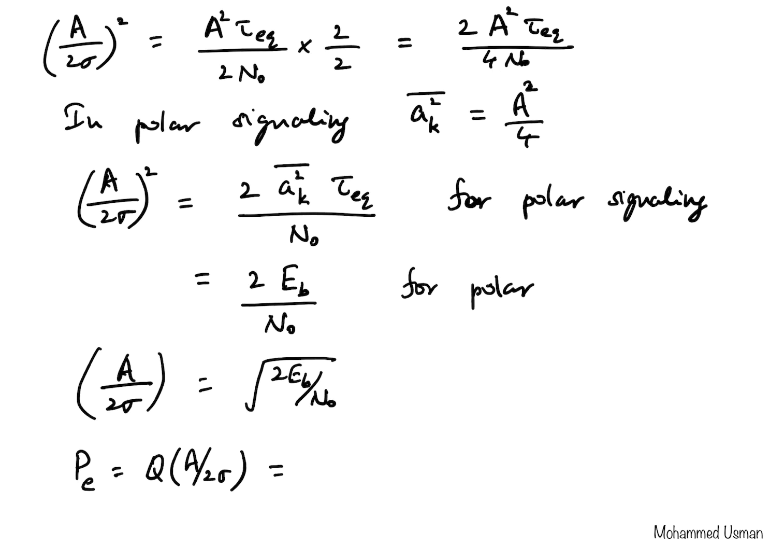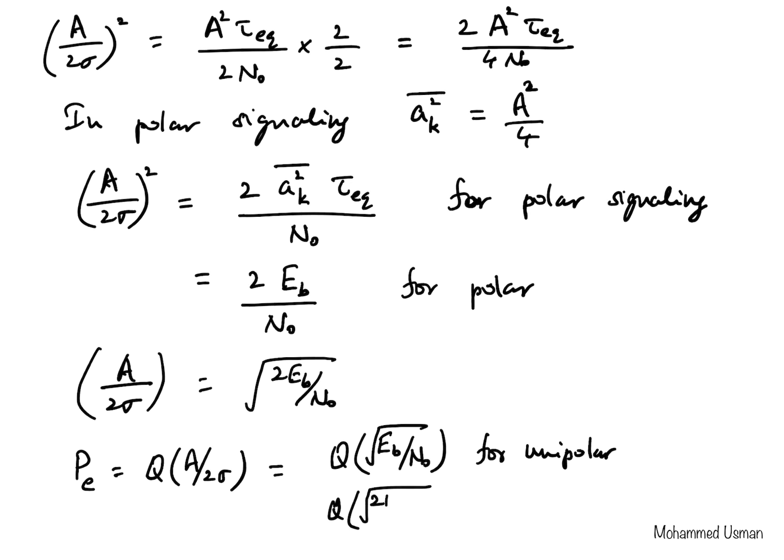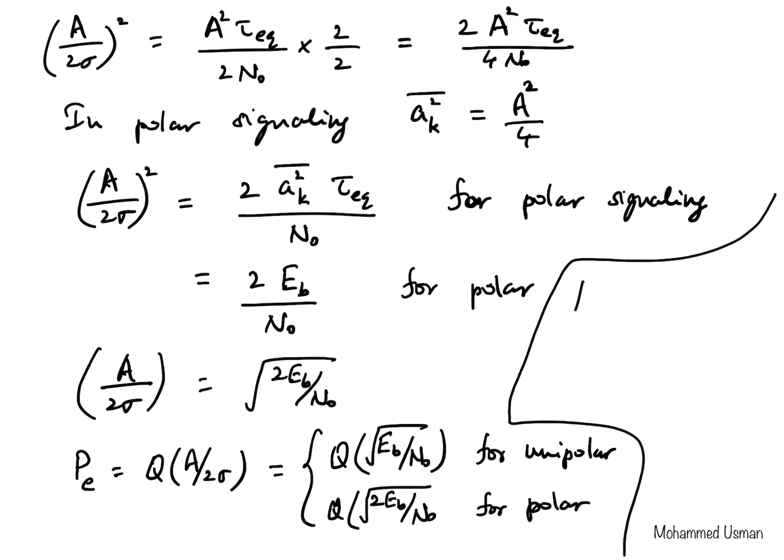So which is nothing but Q of square root of Eb by n naught, that's for unipolar, and that's equal to Q of square root of 2 times Eb by n naught for polar signaling. So again, what we see is that polar signaling has an advantage over unipolar signaling by a factor of root 2.